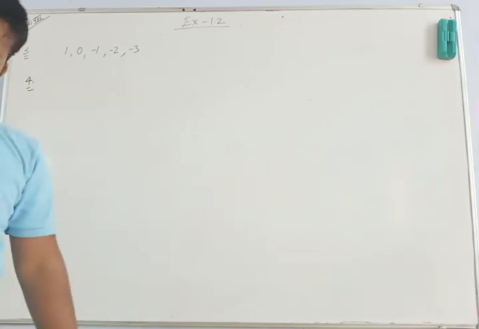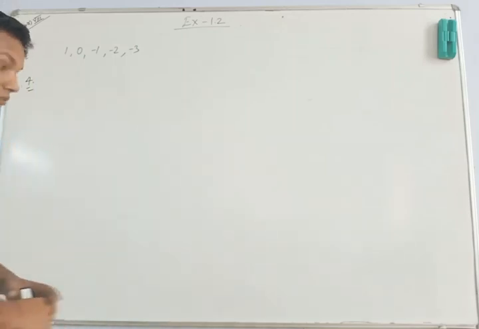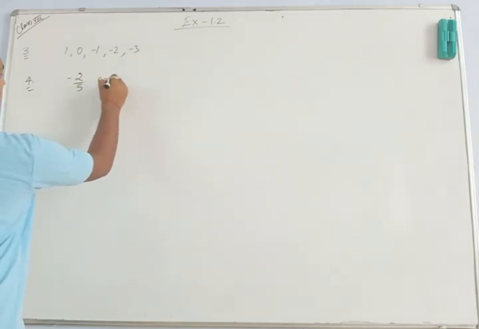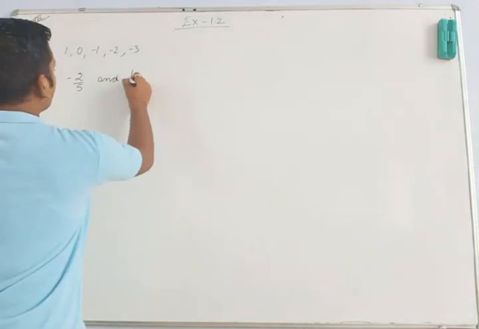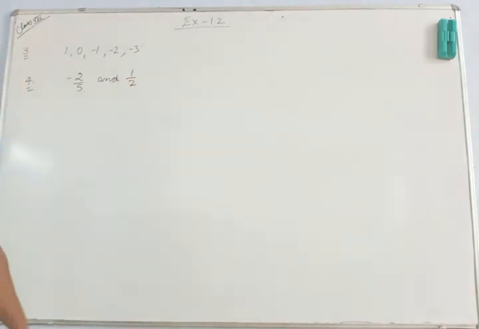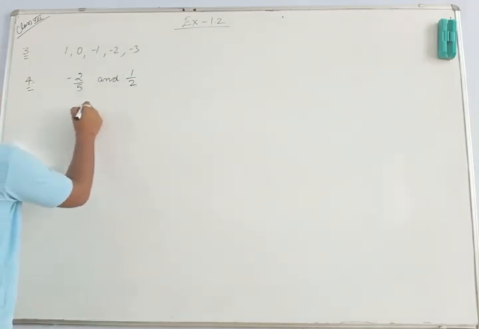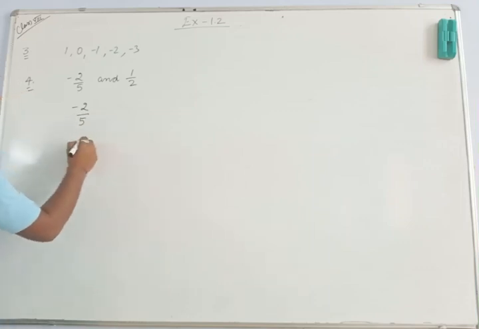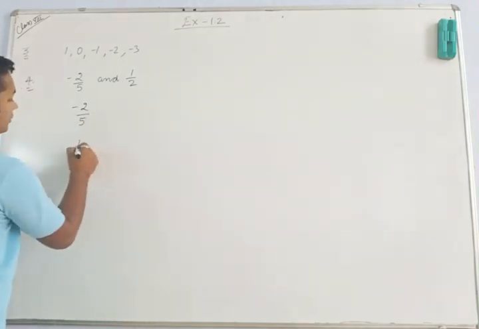The fourth one says, find 10 rational numbers between minus 2 upon 5 and 1 upon 2. Between these two I have to find how many rational numbers? 10 rational numbers. So for that I will equate the denominators. So minus 2 upon 5 and 1 upon 2.